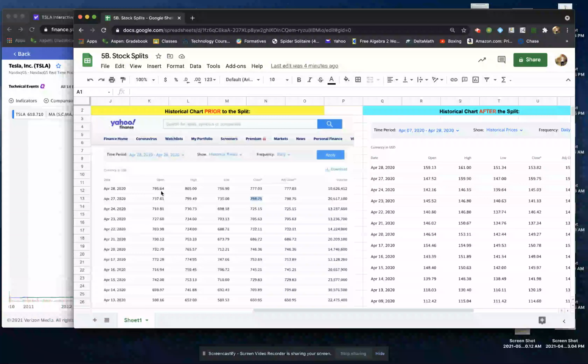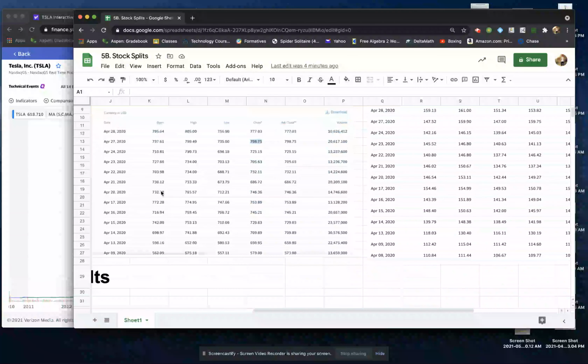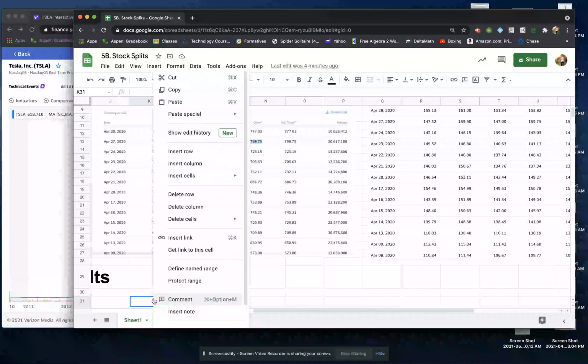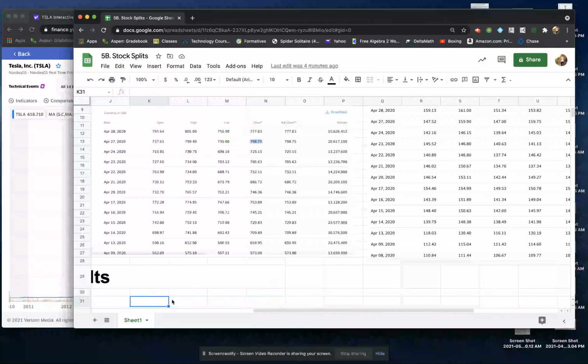If we take 795.64 and divide it by 5, because if it's a 5-for-1 stock split like we learned yesterday, we would take the price. Hold on a second. I'm just going to get a free screen here. If I do equals 795.64, if I multiply that by the 1/5, because the stocks are going to go up, you're going to multiply your number of shares times 5, but you're going to multiply the price by 1/5, the reciprocal.